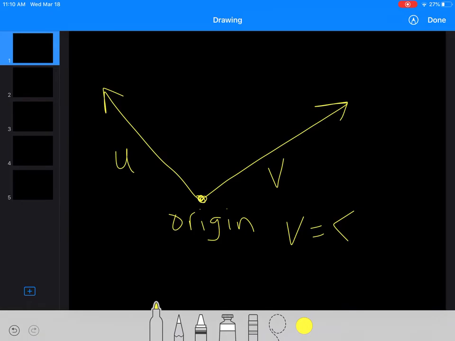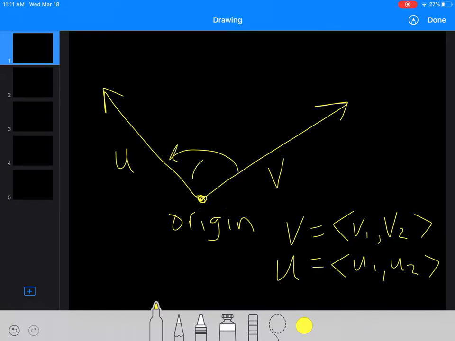So remember, the component form of vector v is v1, v2 in that bracket notation, and the same thing for the vector u, u1 and u2. So we're going to try to find this angle in between, theta.